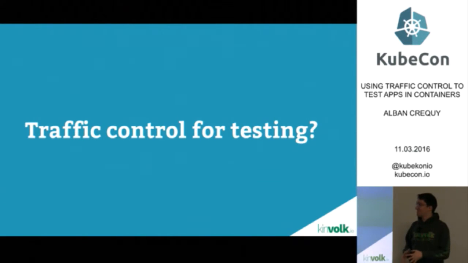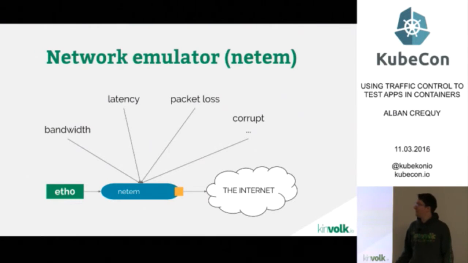Okay, but that's just a few queuing disciplines. What can we do with that for testing? There is another queuing discipline called netem, for network emulator. When installing this one on a network interface, we can set different properties. We can change the bandwidth; we can say we don't want more than 10 kilobits per second or so on that interface. We can change the latency, adding some milliseconds or some seconds of latency.